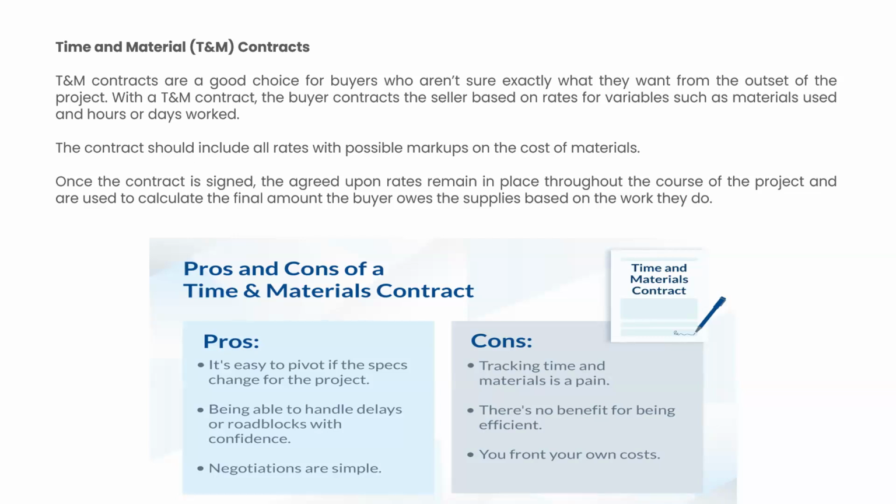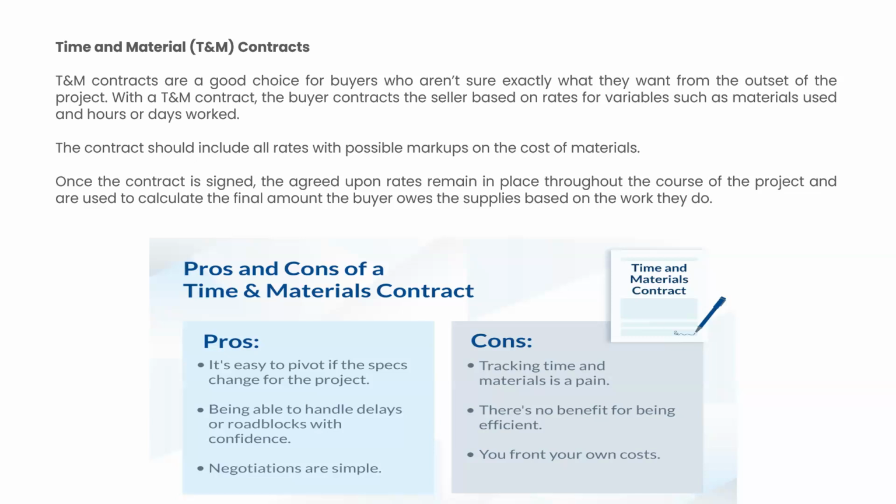It goes like that. And being able to handle delays or roadblocks with confidence: since it is completely based on an hourly basis, there is no fixed time for the project completion, so there is no problem handling delays or roadblocks. But the disadvantage is there is no benefit for being efficient.